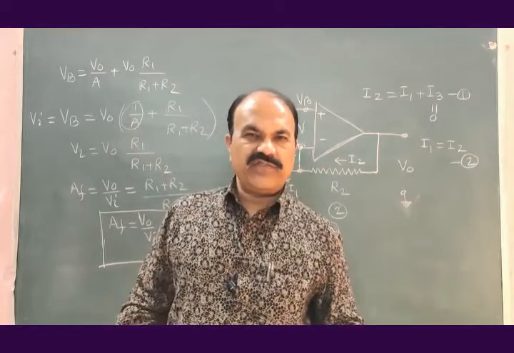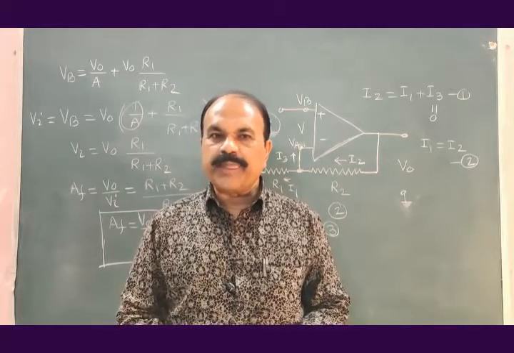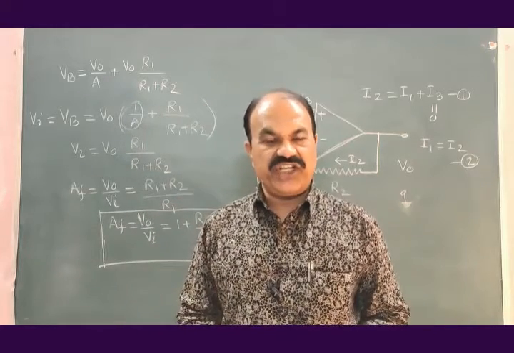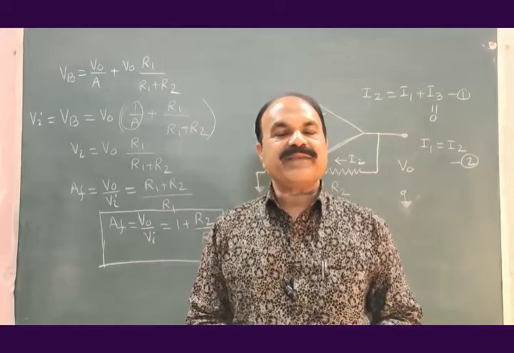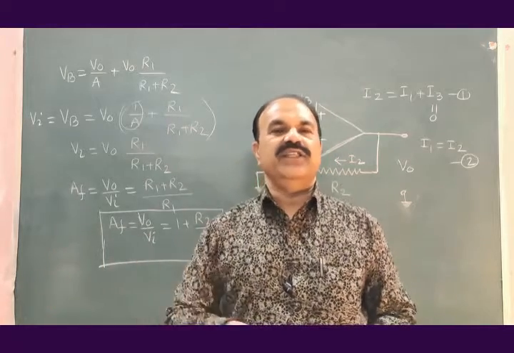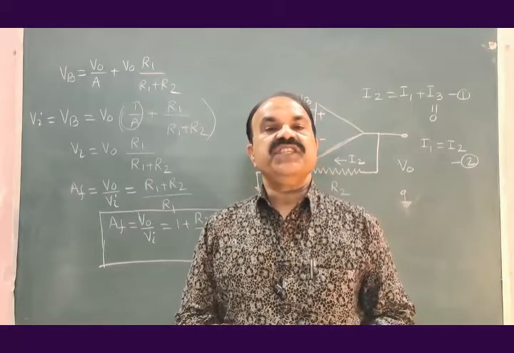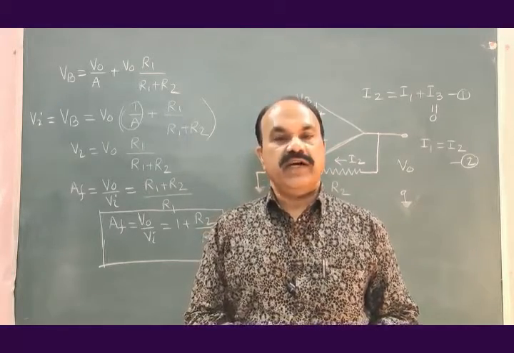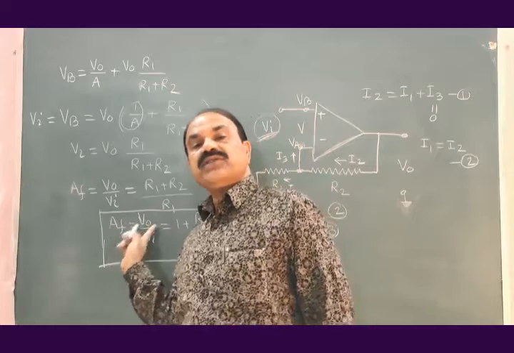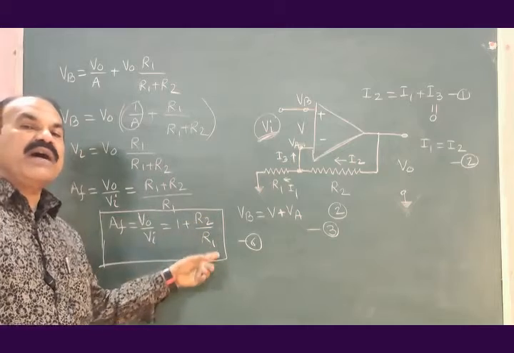It is independent of the open loop gain. It is independent of the aging of the operational amplifier. It is independent of temperature variations. It is independent of replacement of the operational amplifier of same type by other one. So there may be any changes in the parameters of the operational amplifier. All these things are not going to affect this gain, because this voltage gain is only decided by values of R1 and R2.